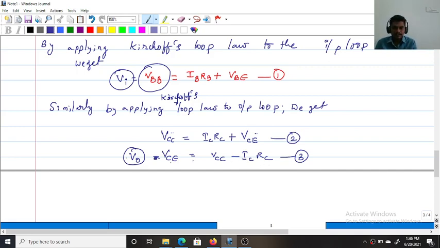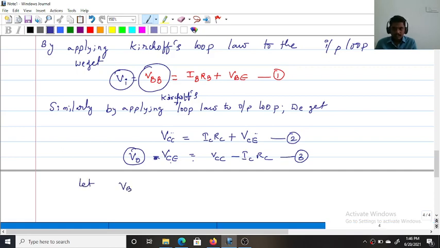Okay, let us suppose the input voltage VBB is equal to 0. When input voltage is 0, the input current IB is 0. I told you the collector current depends on the base current. When base current is 0, similarly collector current is 0.